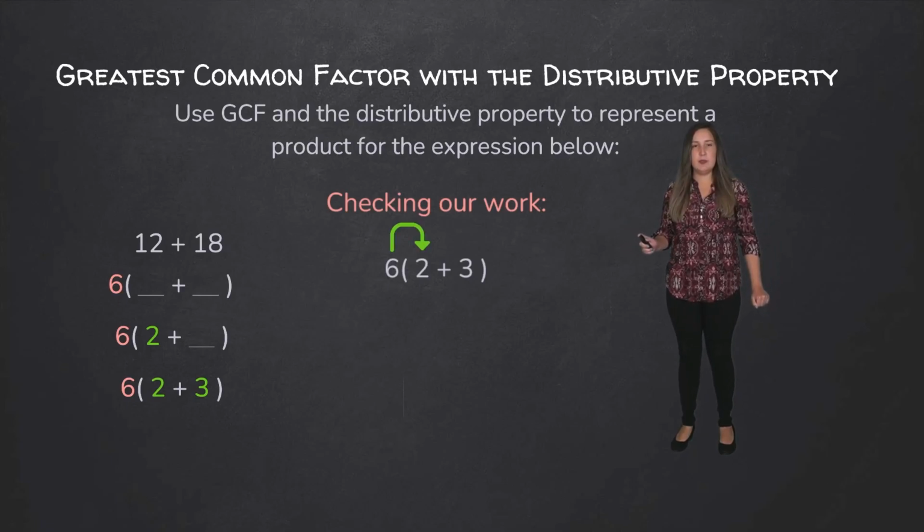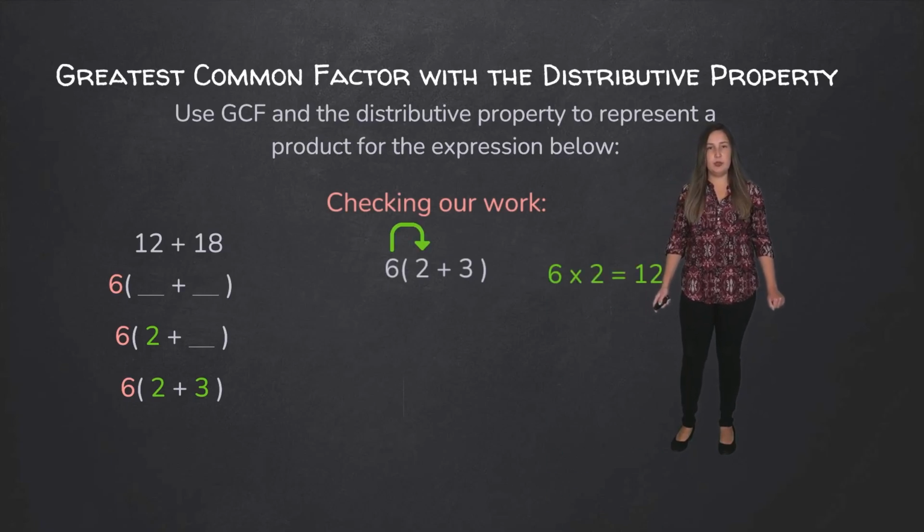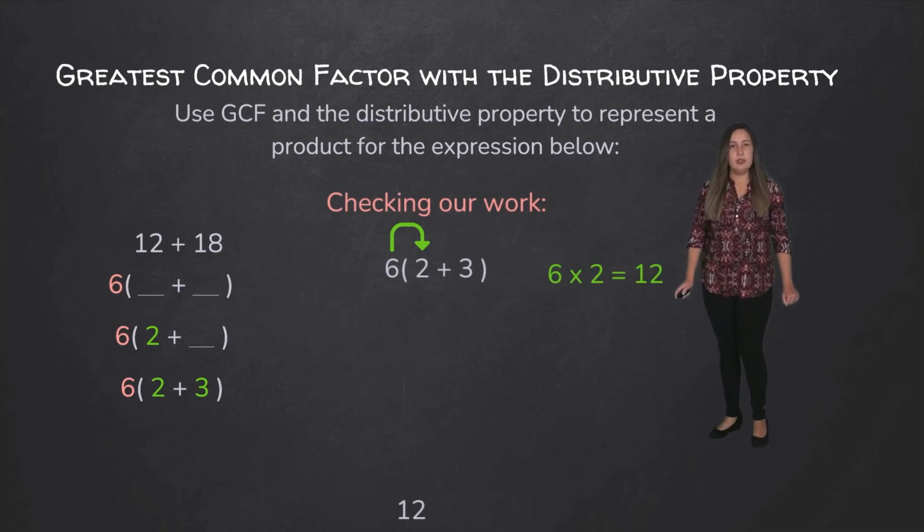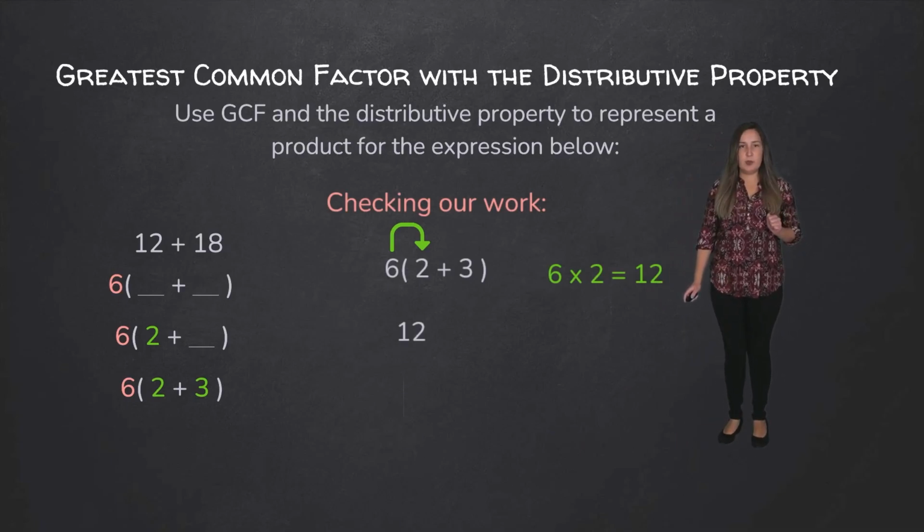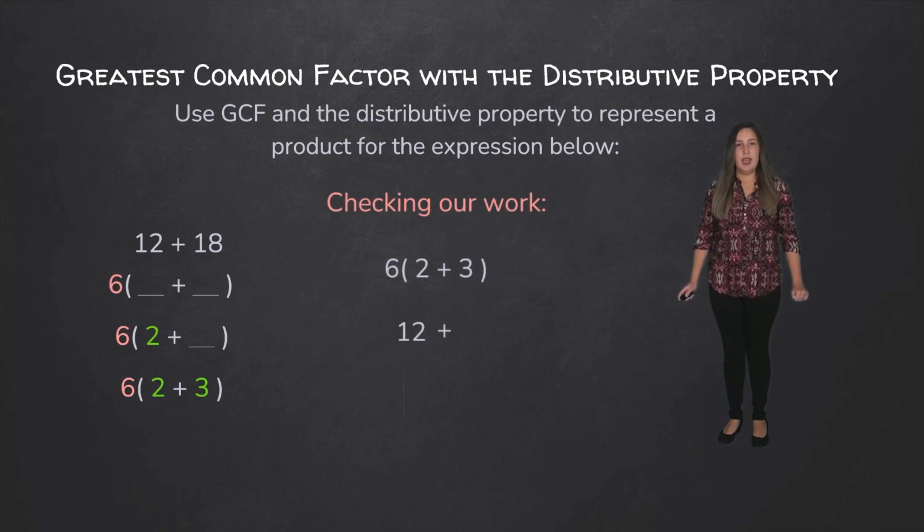So 6 times 2 is equal to 12, and so underneath that we're going to write a 12. We're going to bring down the plus sign, and then we're going to do 6 times 3, which is equal to 18, and put an 18 there. So we did end up getting the same answer. So 12 plus 18 is equal to 6 times 2 plus 3.